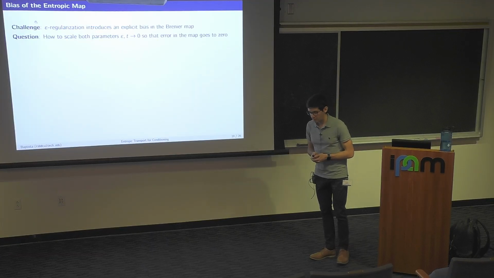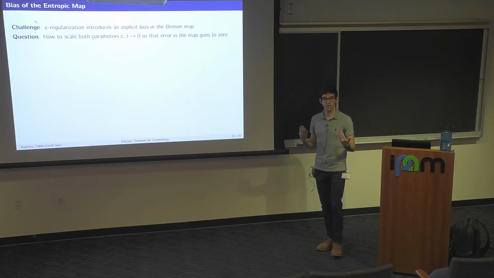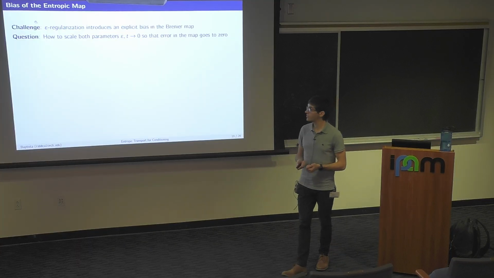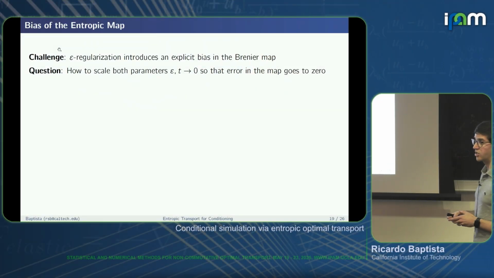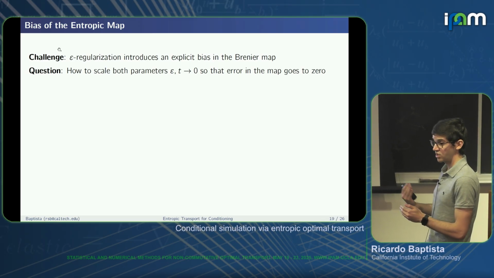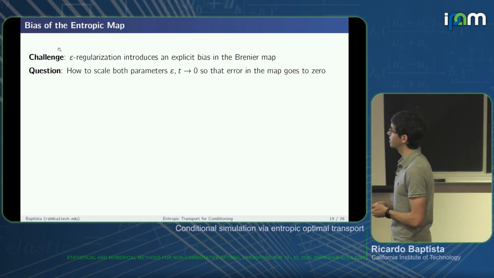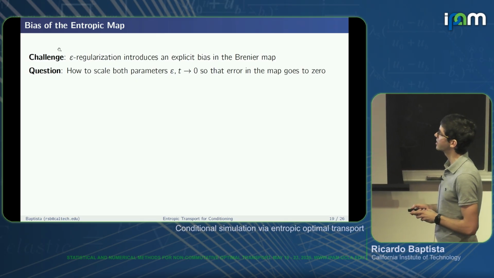So the first analysis that we did was relating to the bias of this entropic map. As we know, when you introduce this entropic regularization, we introduce a bias with respect to the true transport map that we would get if we didn't introduce this regularization.